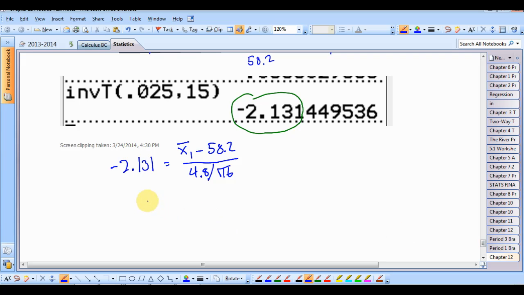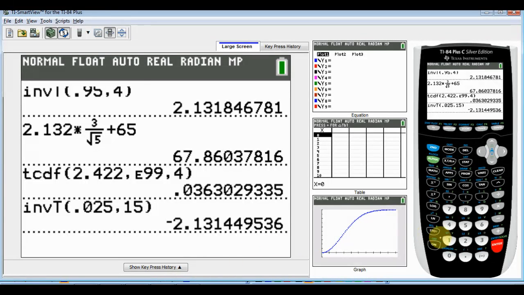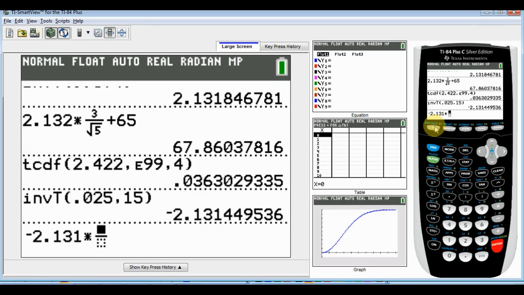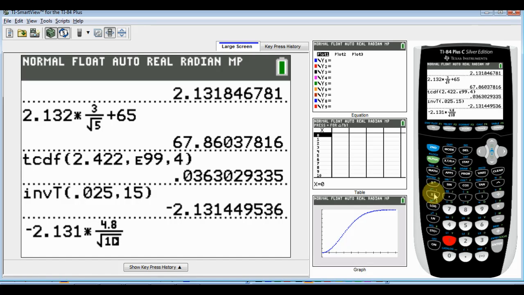That tells me x bar 1 is equal to negative 2.131 times the square root of 4.8 over the square root of 16, plus 58.2.